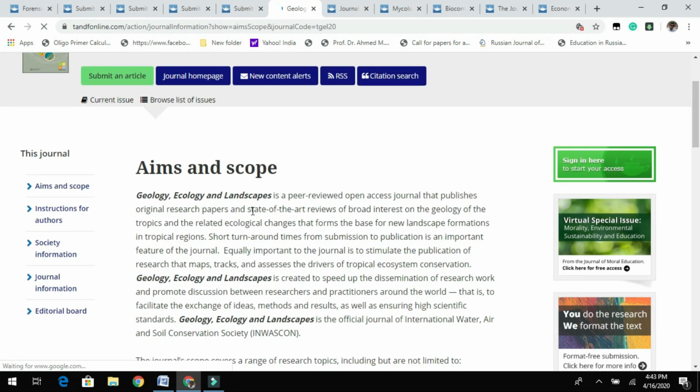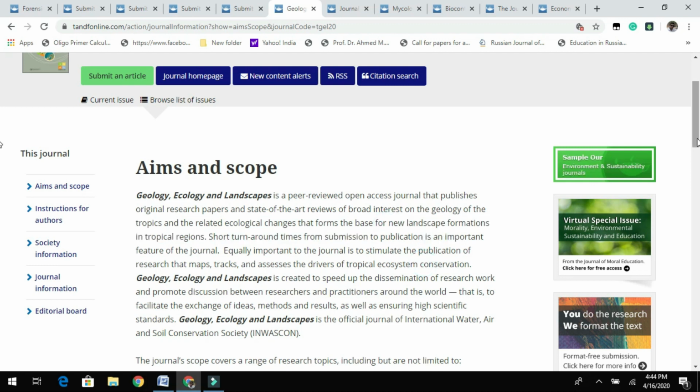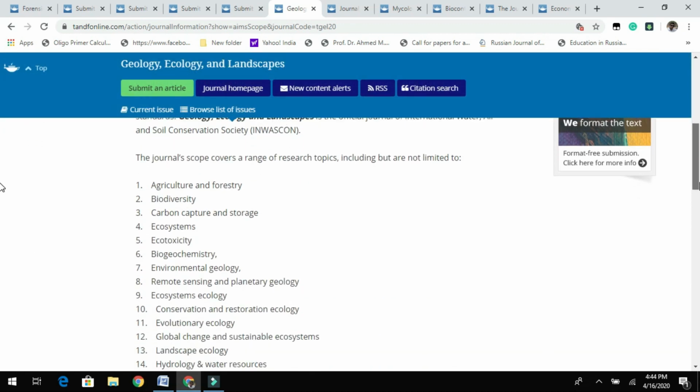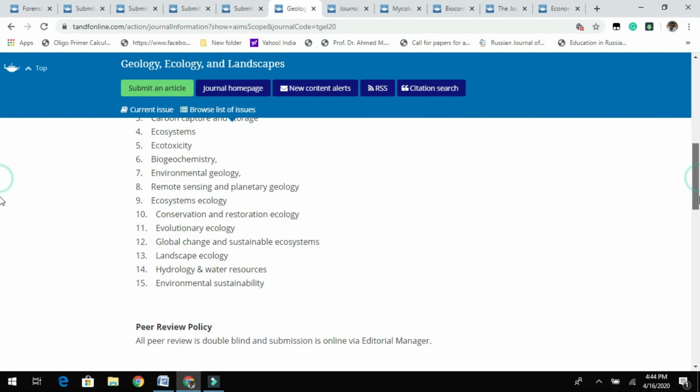They are interested in getting submissions on new landscape formation, and the scope covers a range of research topics such as agriculture and forestry, biodiversity, ecosystem, environmental geology, landscape ecology, global change and sustainable ecosystem, etc.